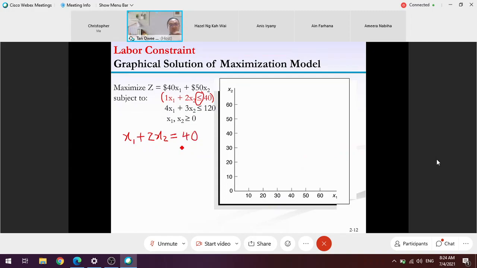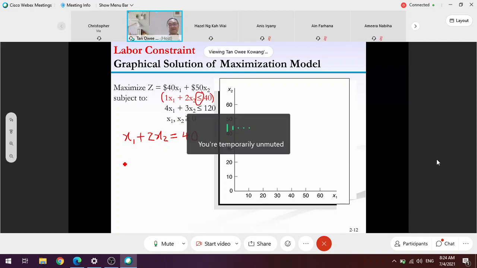Okay. How to plot this line? Or how to reflect this line on this graph? You learned this in business mathematics, I think in your secondary school mathematics. In order for me to plot this line on this graph, I need how many points? 2 points.